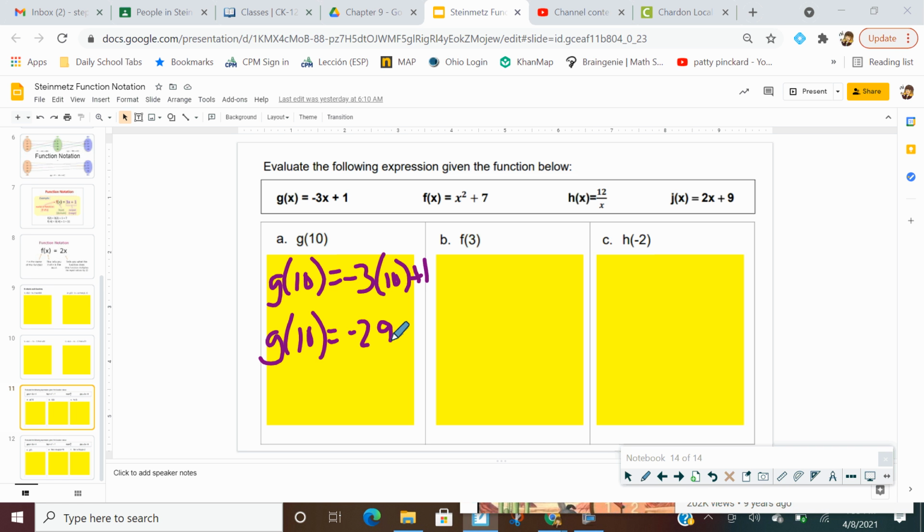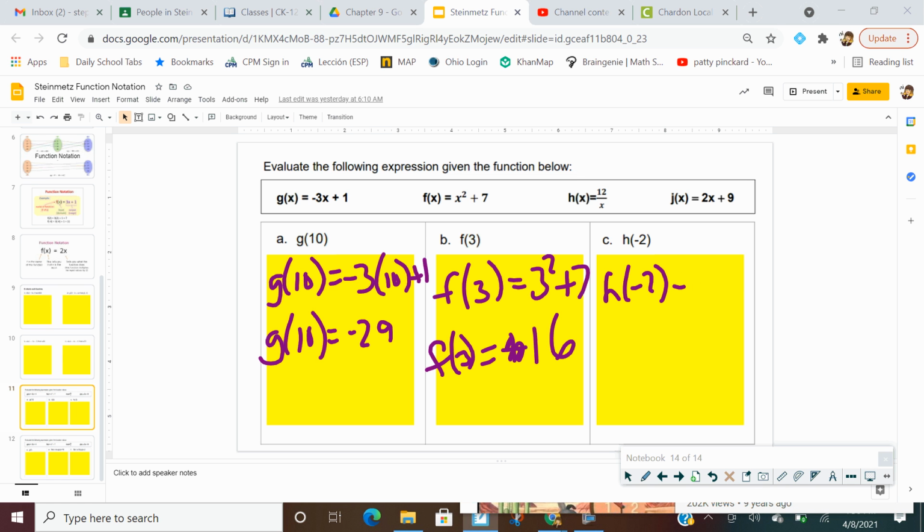f of x is x squared plus 7, so we do f of 3. We're going to do 3 squared plus 7, so 9 plus 7, which is 16. So f of 3 equals positive 16. h of negative 2, so we have h of negative 2 equals 12 over negative 2. 12 divided by negative 2 is negative 6.